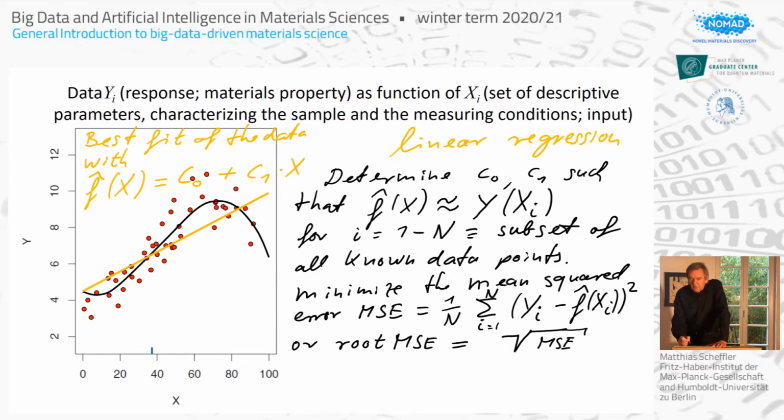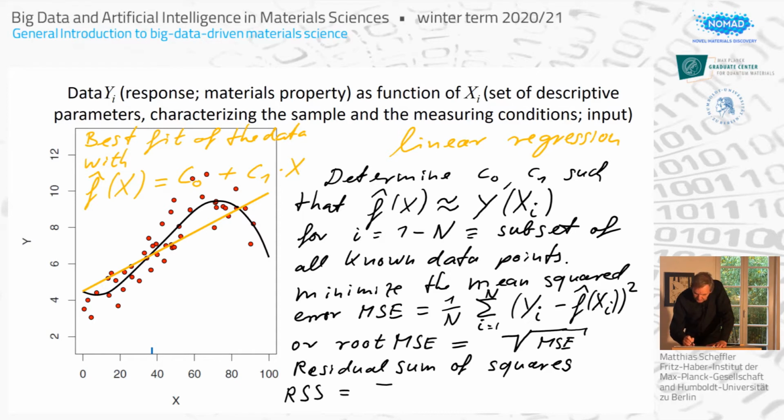Or very often also in statistical learning you hear about the so-called residual sum of squares, which is RSS equals just the sum over yi minus f hat of xi squared, and also from i equal 1 to n.